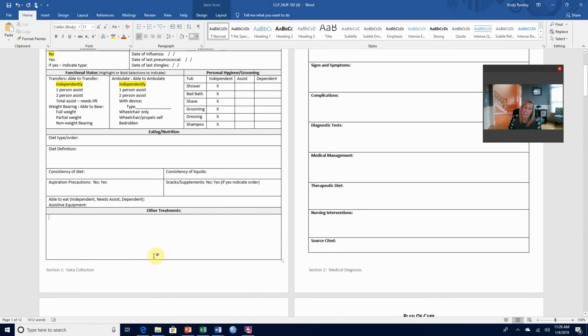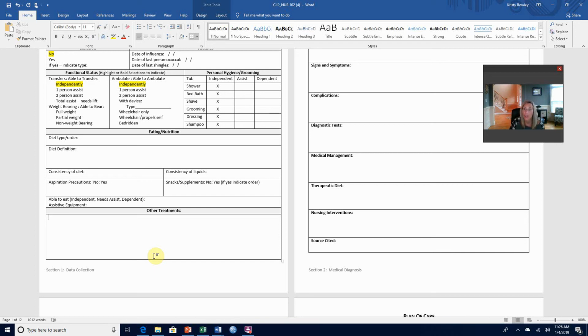Other treatments is the section for orders such as finger stick blood sugars AC and HS, up to bed with every meal or three times a day, or incentive spirometer every hour, stuff like that.